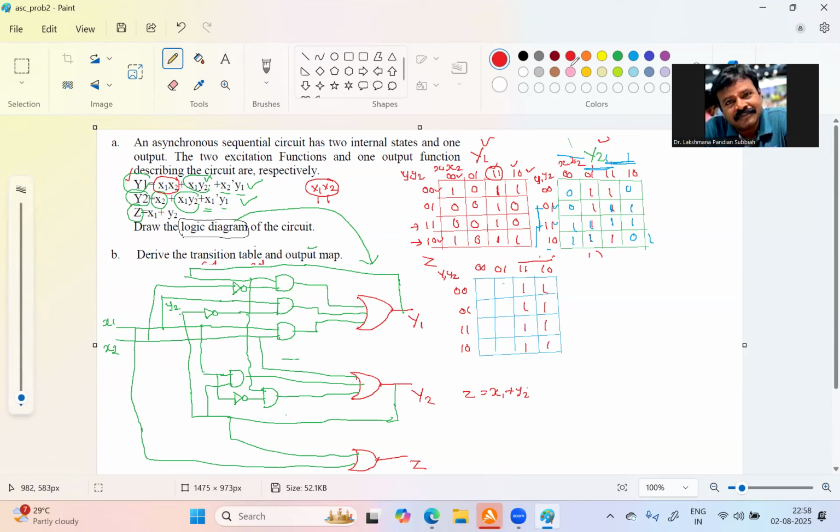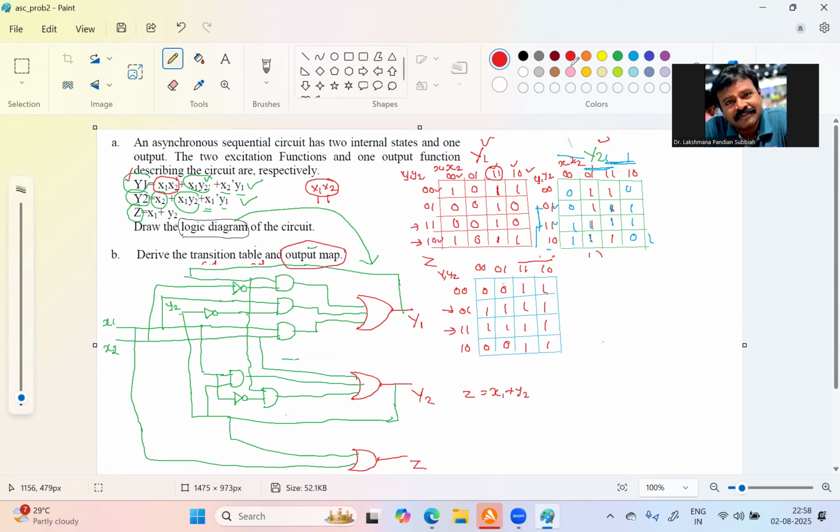Similarly y2: the second row and third row, you have to fill ones. Already 2 ones are there, so don't worry about that. So this is the output map.